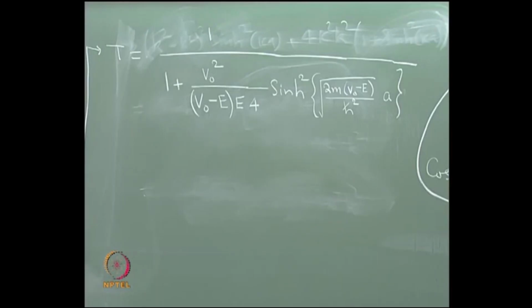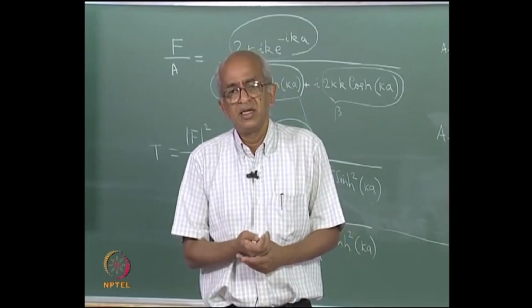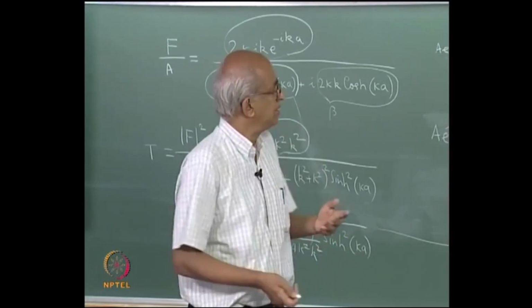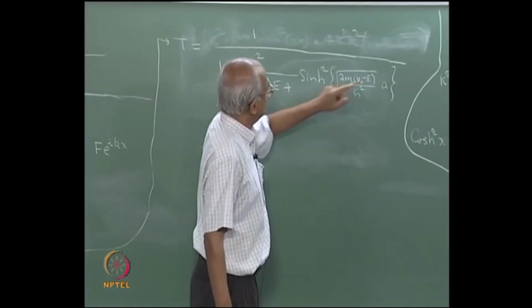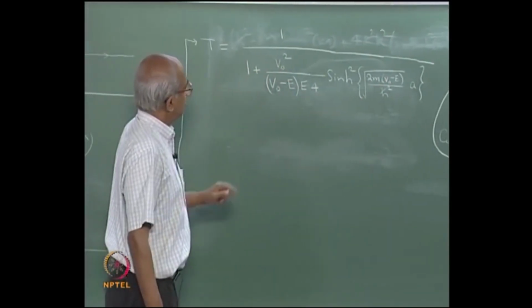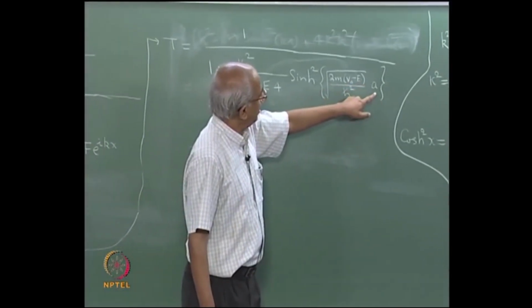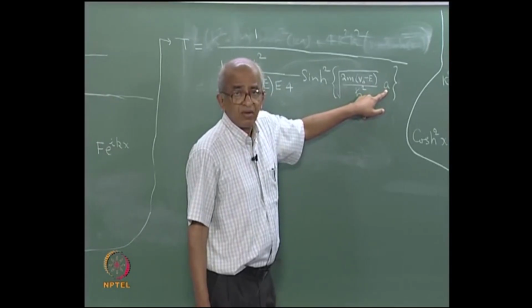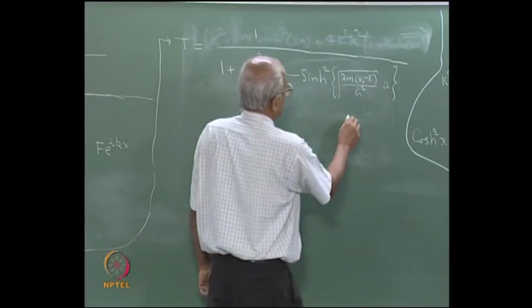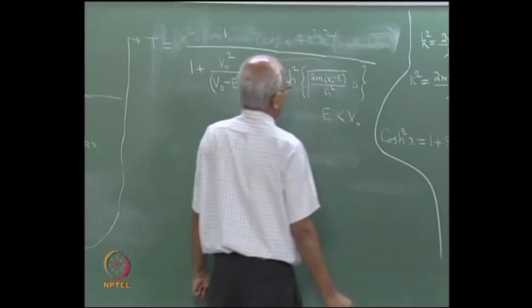And this expression is nice because it tells you how the tunneling probability or the transmission coefficient actually depends upon the height of the barrier, which is contained in here, it is contained in there also. It also tells you how it depends upon the energy of the incident particle and as well as on the width of the barrier. Now, also remember that I have derived this assuming that energy of the particle is less than the height of the barrier.